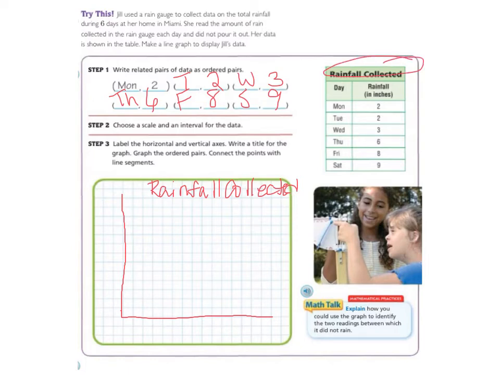And where it says day up in the table, that goes on the x-axis because that is time. And then on our y-axis we put the rainfall in inches.